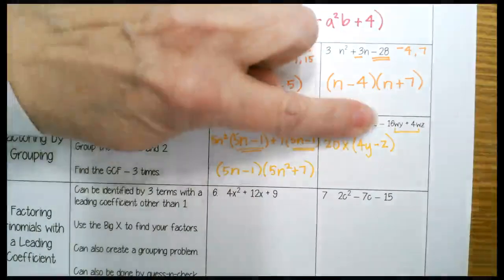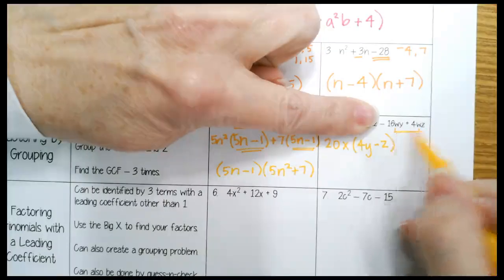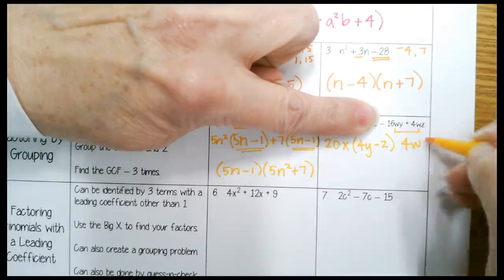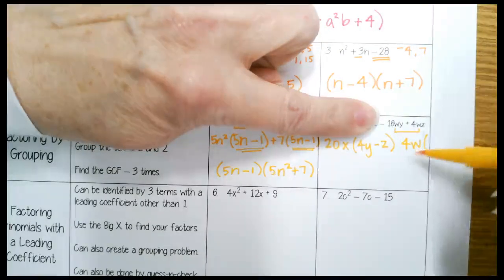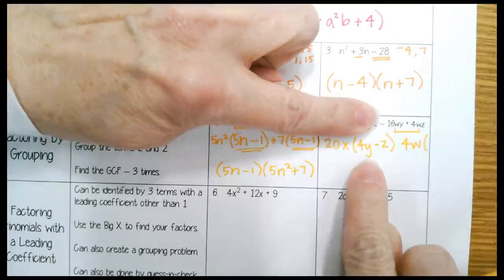If I look at these two, there's a GCF of 4w out of both of these. If I take out a 4w, that's going to leave a negative 4y, which isn't going to match.